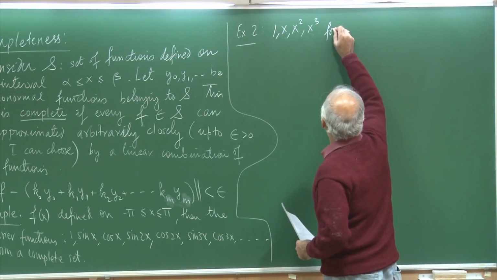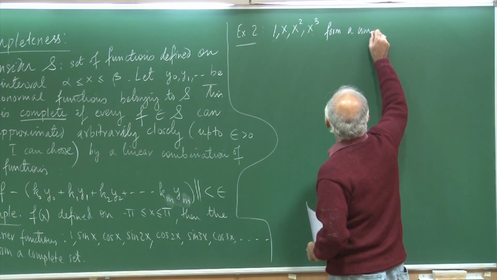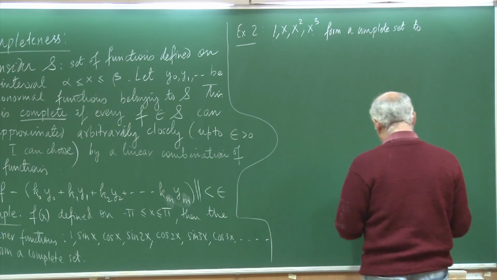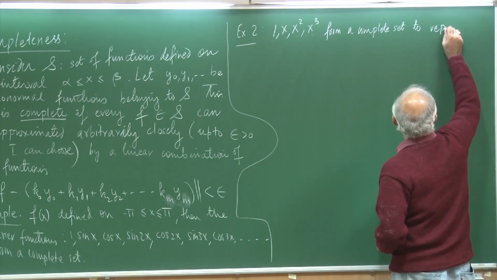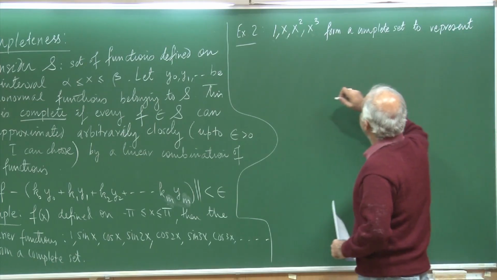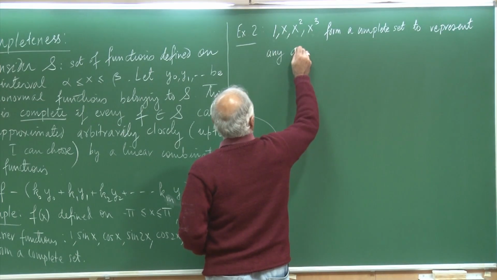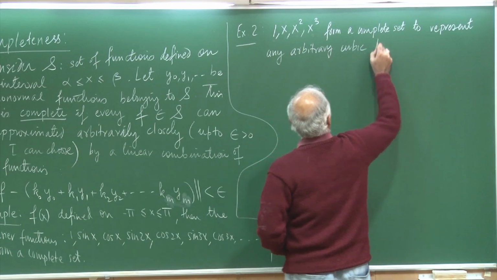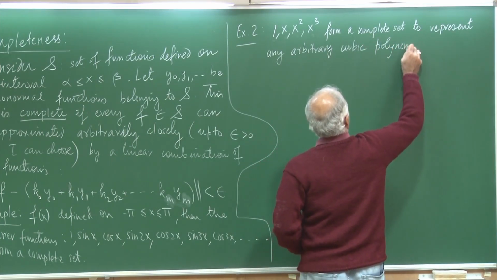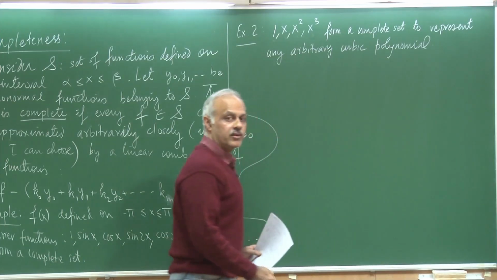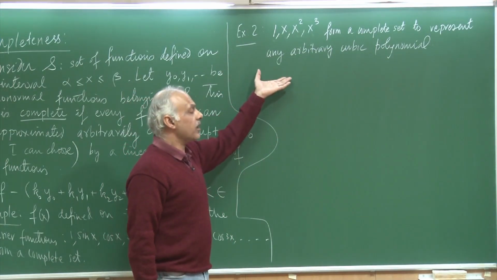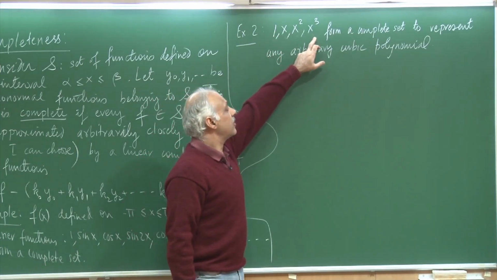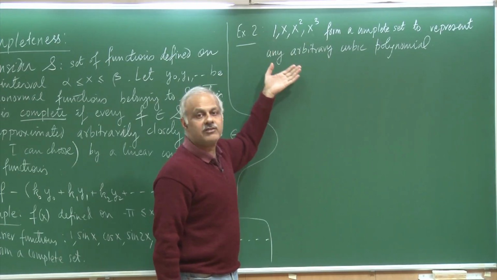These form a complete set to represent any arbitrary cubic polynomial. If you give me any general cubic polynomial, I should be able to represent it in terms of this basis, and therefore they form a complete set.